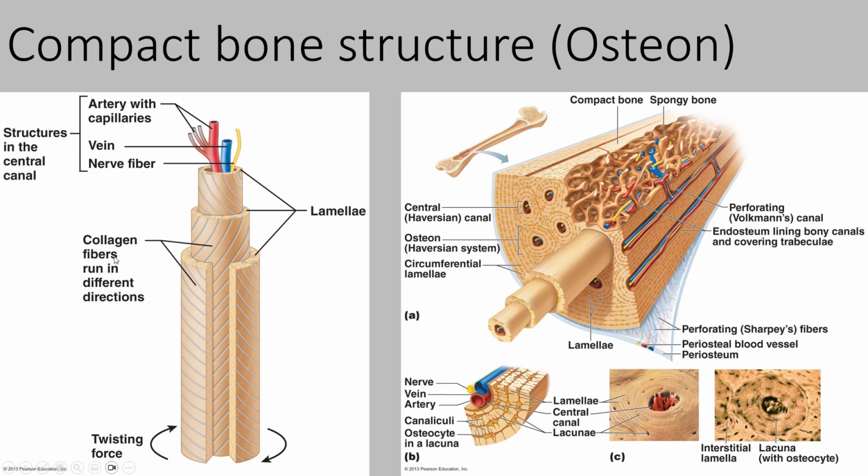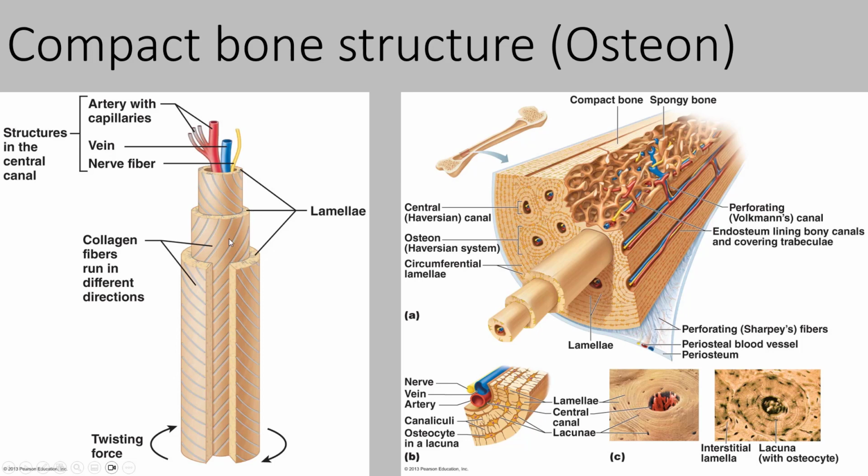Collagen fibers. The same collagen that is in our skin, the same collagen that is in cartilage, it is also in bone. And the orientation of the fibers, we can see they're going diagonally up towards the left in this layer, but in the next layer they're going diagonally up towards the right. And then in the next layer they're going diagonally up towards the left.